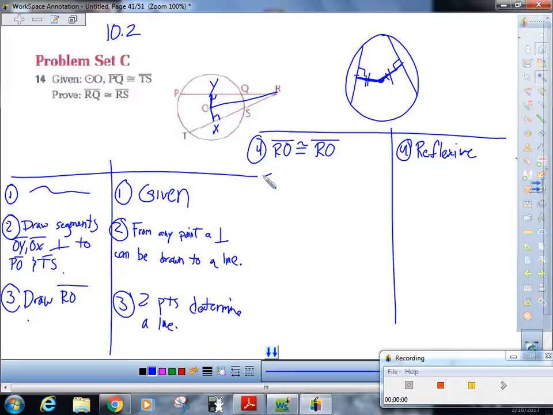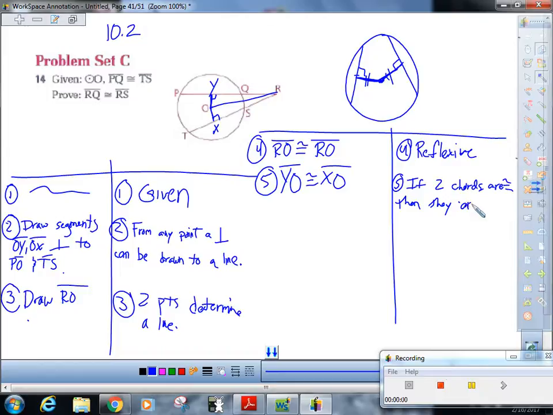And YO is congruent to XO by, if two chords are congruent, then they are equidistant from the center. Okay?